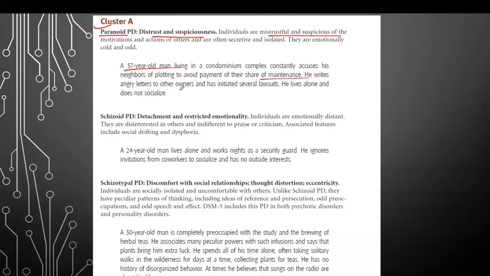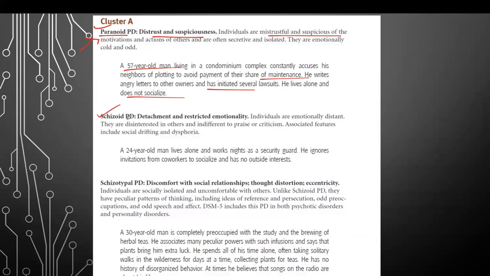He writes angry letters to other owners and has initiated several lawsuits. He lives alone, does not socialize. These are the withdrawn group who usually like to keep within themselves. They don't like to mix with other people, go out, and meet others. So paranoid personality disorder means that they are suspicious and mistrustful of everything. That's the main thing.